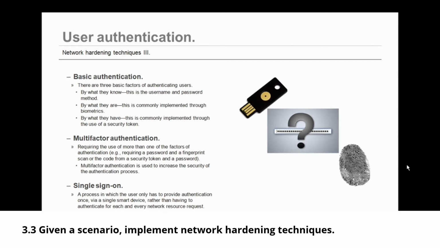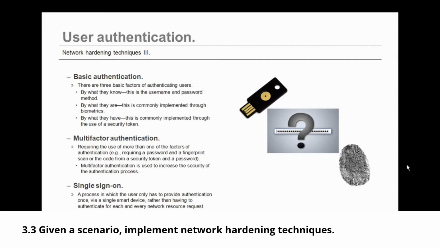Now you can combine these in a process that's called multi-factor authentication. That's requiring the use of more than one of the factors of authentication, as in requiring a password and a fingerprint scan, or the code from a security token and a password. Those are multi-factor authentication.